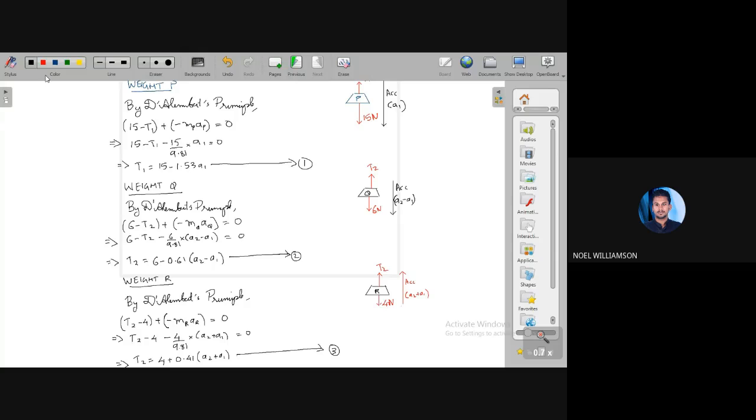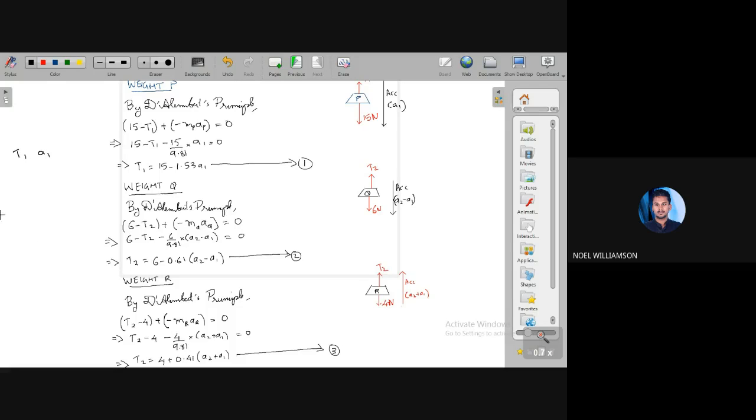In the first relation, you have got three equations. In equation number 1, there is a connection between T1 and A1. So the relation is between T1 and A1.